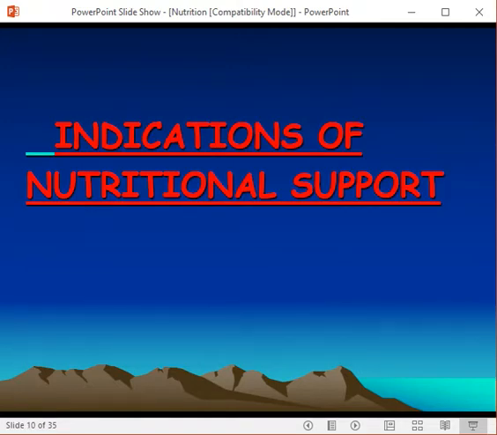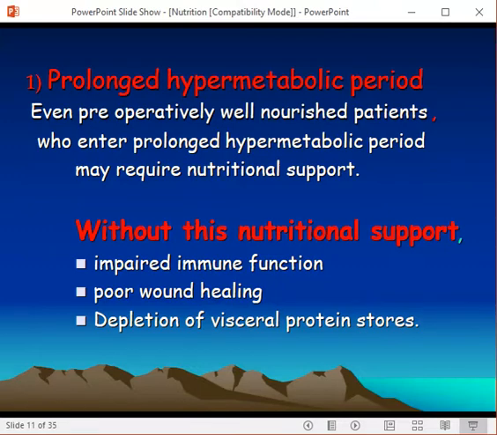Now, what are the indications of nutritional support? There is a long list of these indications. If the patient is in a prolonged hypermetabolic state, this is one indication. Even the preoperatively well-nourished patient who enters a prolonged hypermetabolic period may require nutritional support.